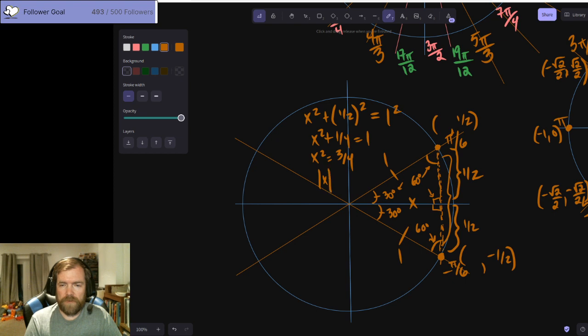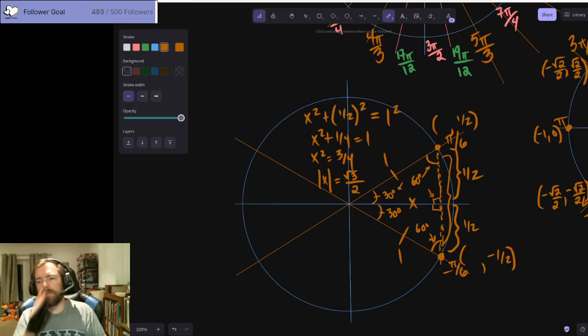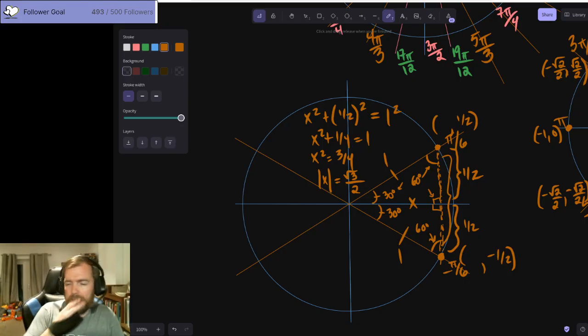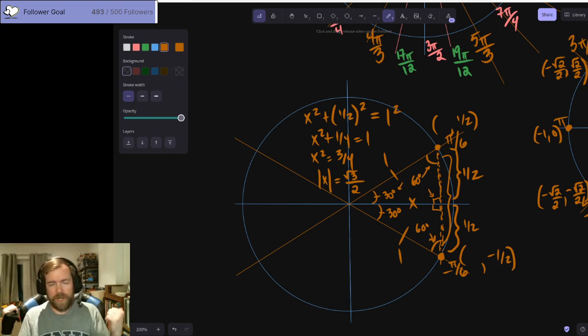And so the absolute value of x is going to be root 3 over root 4, which is just 2. Yep, build equilateral triangles, right? Try to make the simplest shapes that you can possibly think of in these circles. Don't go off and try to find some crazy angle. Find the easiest ones you possibly can. So here, our x distance is going to be root 3 over 2, whether that's positive or negative.